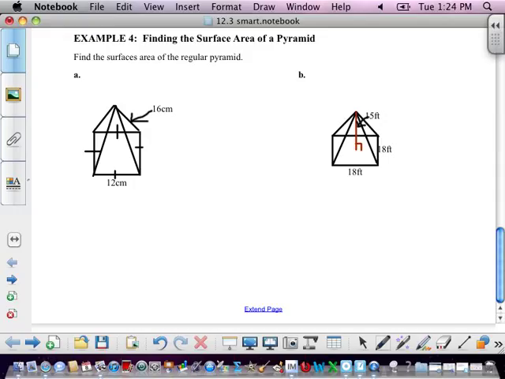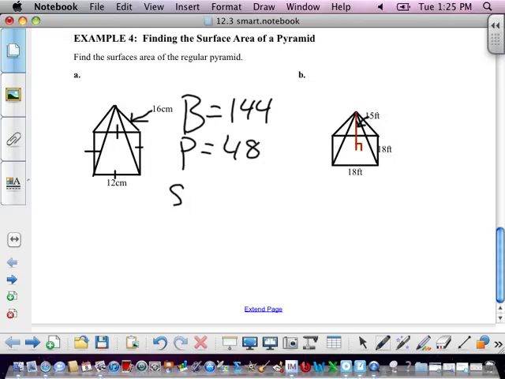So what is the area of the base? 144. That's 12 squared. So we get that the base, big B, is 144. Okay, what else do we need to know? The perimeter. What would the perimeter be? 12 plus 12 is 24 plus 12, 36 plus 12 is 48.